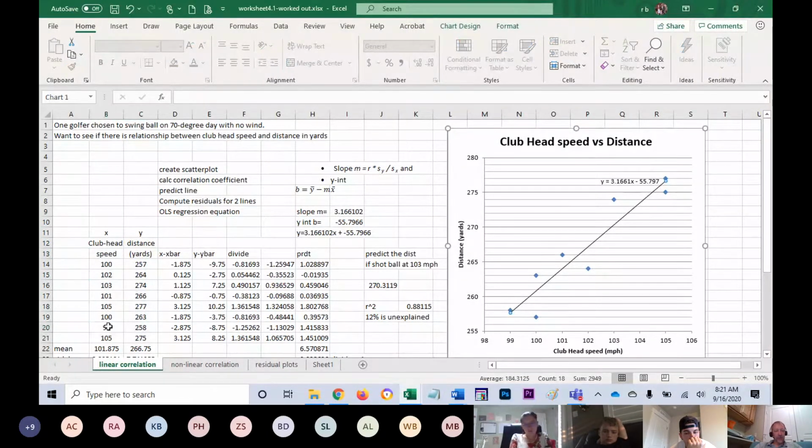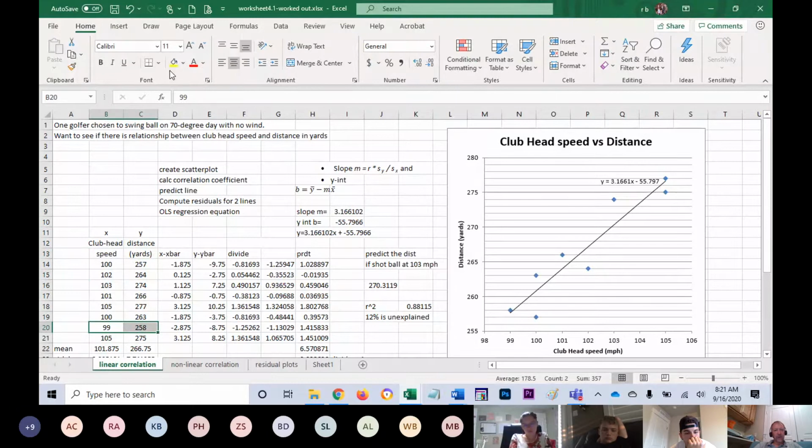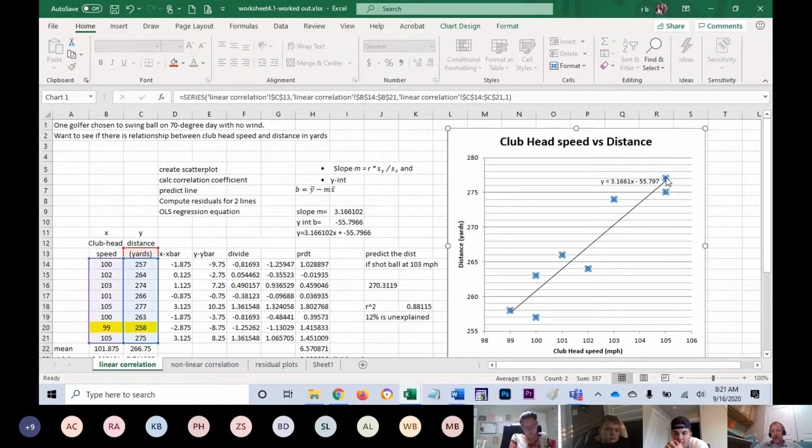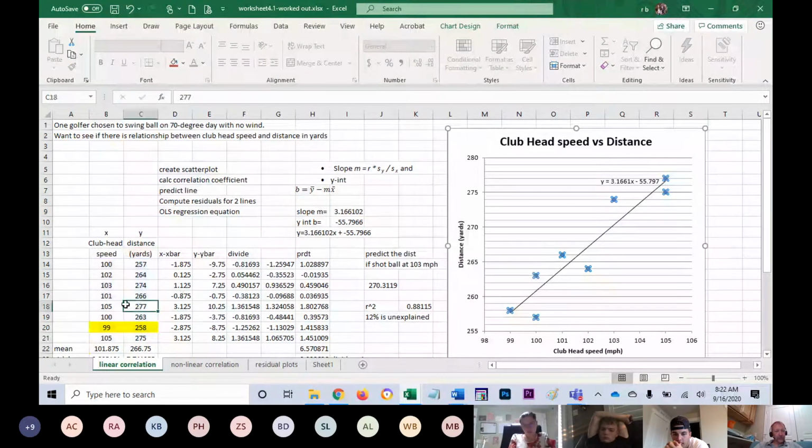There's the one at 99, which happens to be this point here. So at 99 miles per hour, we hit it 258 yards. And you can also see this point here, which is also on the line, which is at 105. So at 105, it went about 277 yards. So we've got these 2 points here.